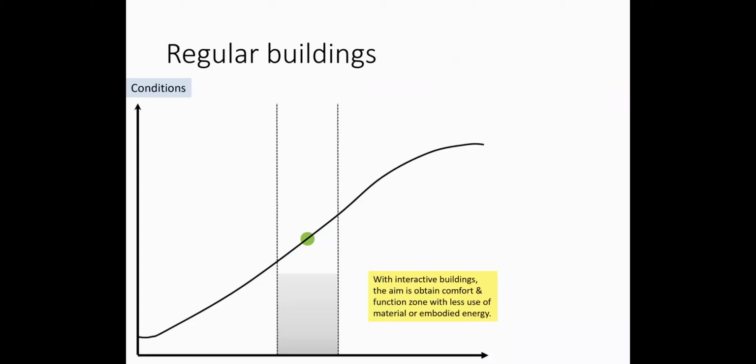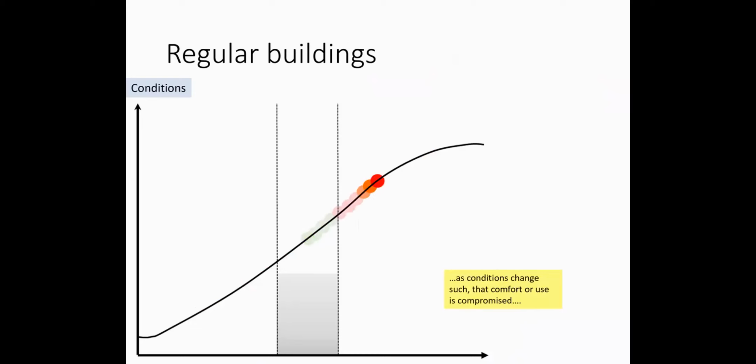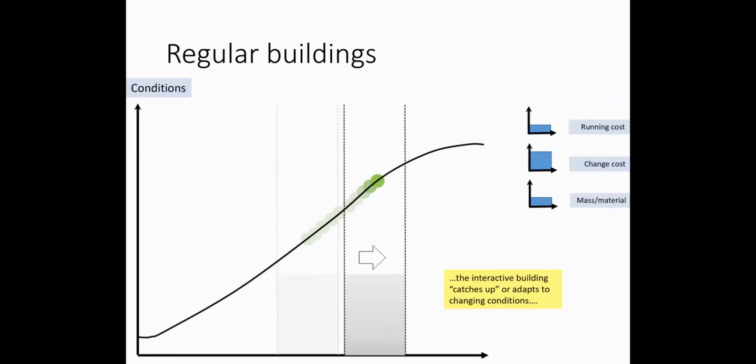So we have the building again, it functions in certain conditions. And when we notice that the conditions change, that they are moving outside our comfort zone or outside a certain functional use, then we simply adapt the building so that it fits again into that point.